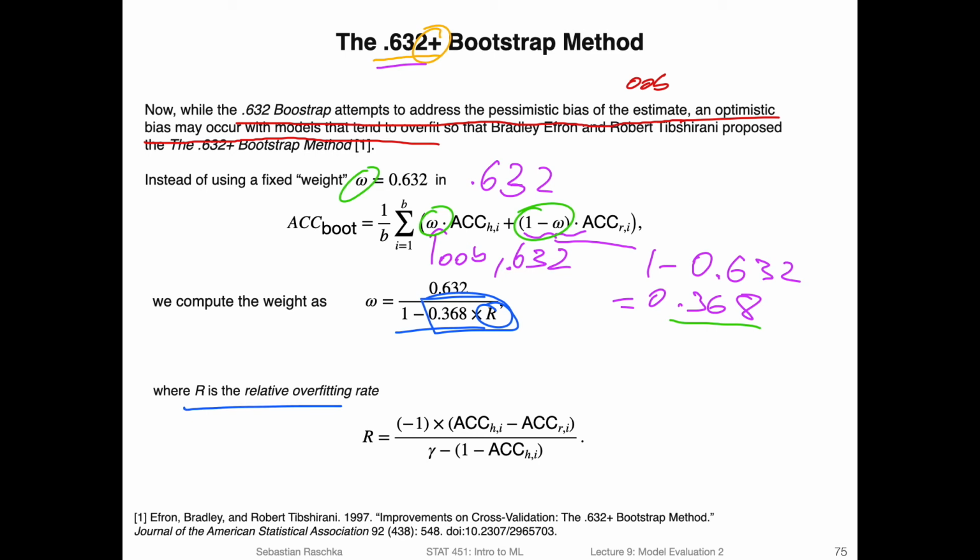R is the relative overfitting rate. So here is an overfitting correction factor in play. And how is that one calculated? It's kind of like following a rabbit hole here. So first we have omega, and then in omega we need R, and R is computed as follows. But in R we have another unknown, it's this gamma here. So how does that one get computed?